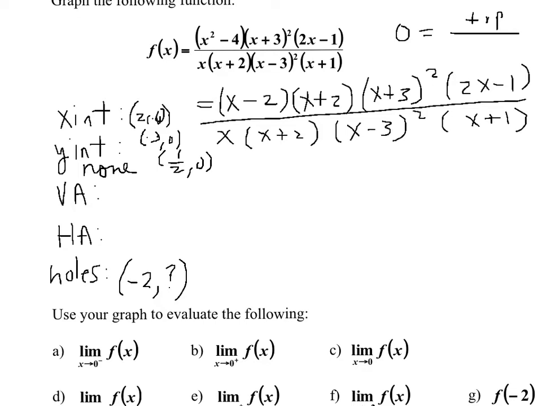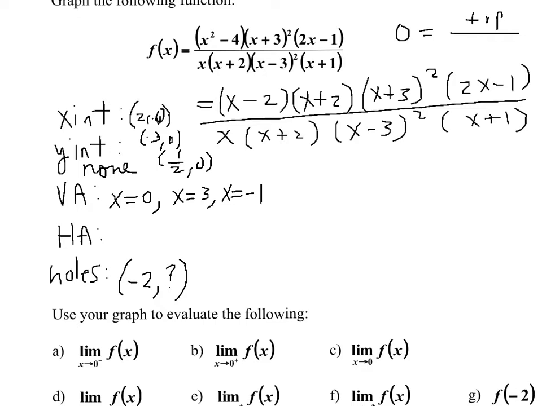Vertical asymptotes we get from the denominator, and x can't be 0, so x equals 0 is going to be a vertical asymptote. X equals -2, no, excuse me, I blew that. That's where there's going to be a hole, so I'm not going to do that one. X equals 3, and x equals -1. Those are the vertical asymptotes.